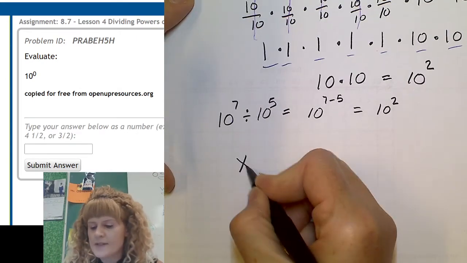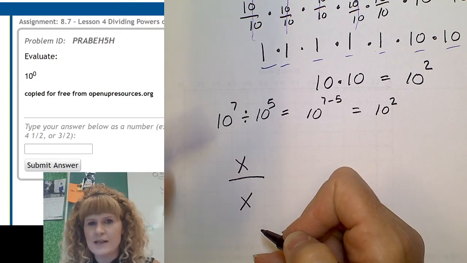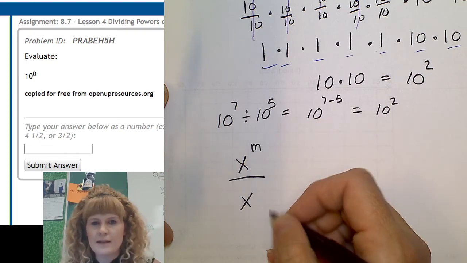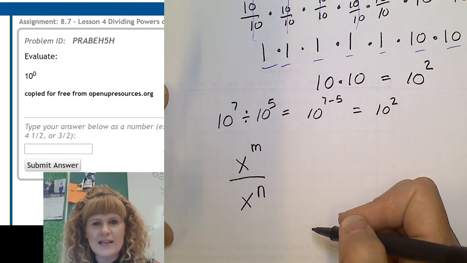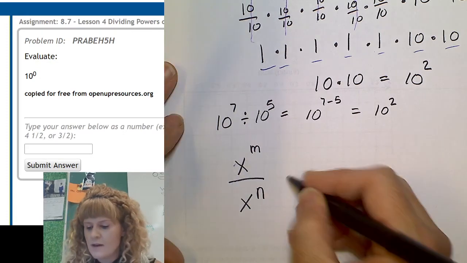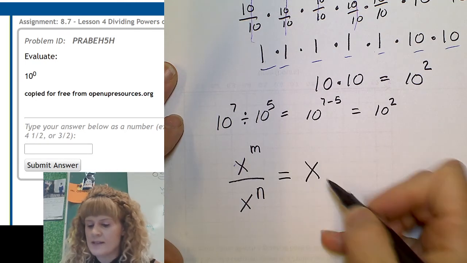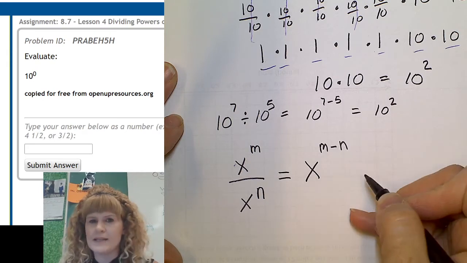If you have some base divided by some base, and let's say this exponent is m, that can be any number, and this exponent is n, that can be any number, but the same base, then the answer is going to be the same base to the power of m minus n.